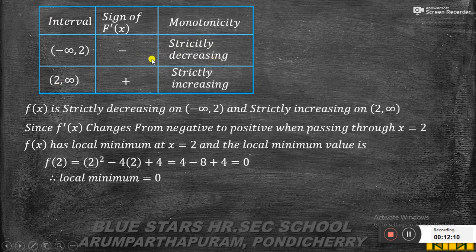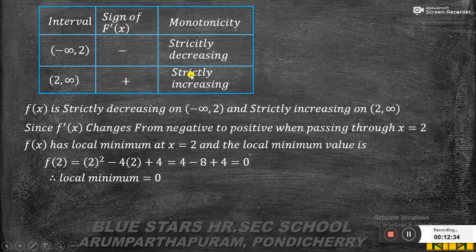Suppose I take x equal to 1 and substitute in small f dash of x; it gives a negative answer. Therefore here I represent strictly decreasing. Next I take any value from the other interval. Suppose I take x equal to 3 and substitute in f dash of x; it gives a positive answer.